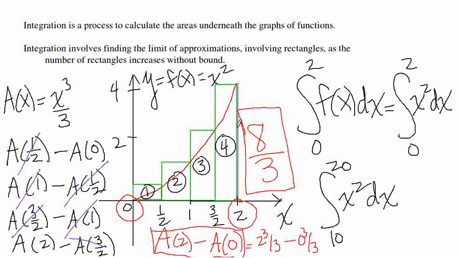Okay, let's now do an example to hopefully increase your confidence in this procedure. I'm going to calculate an area by this procedure that you already know. That's why I'm hoping it'll increase your confidence.